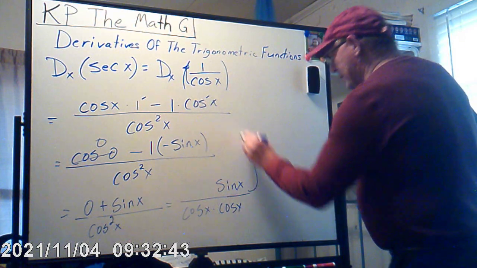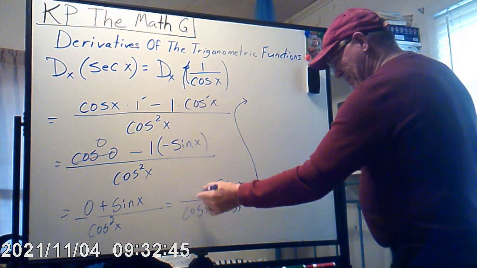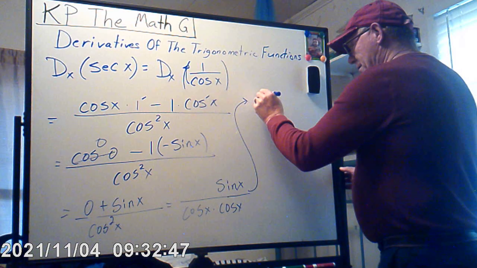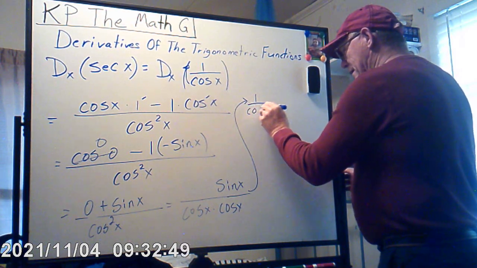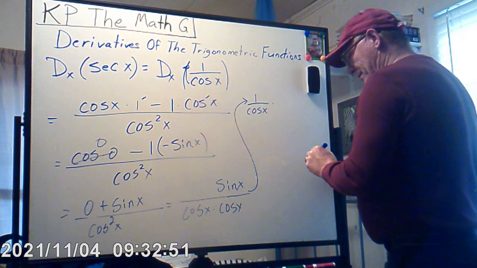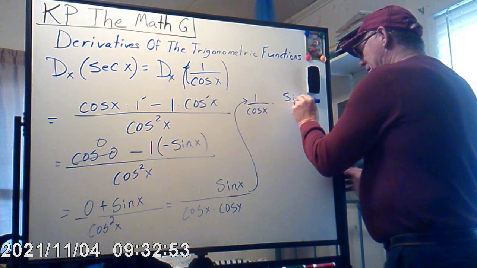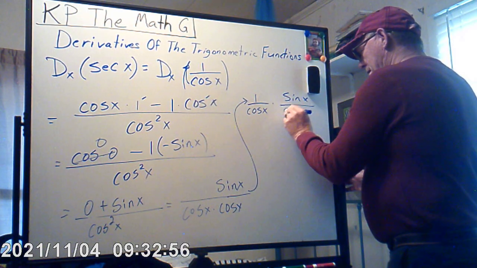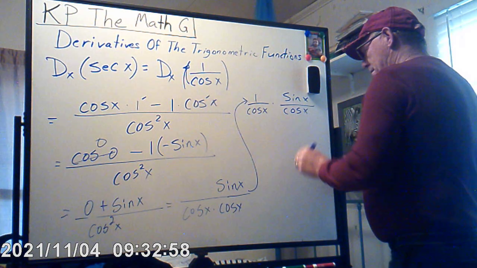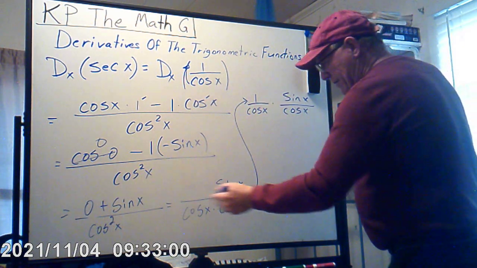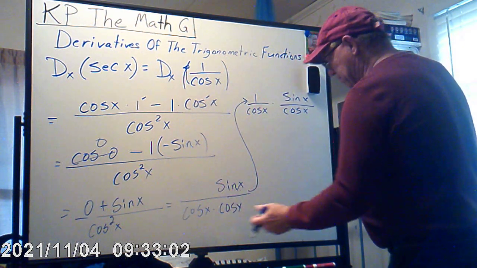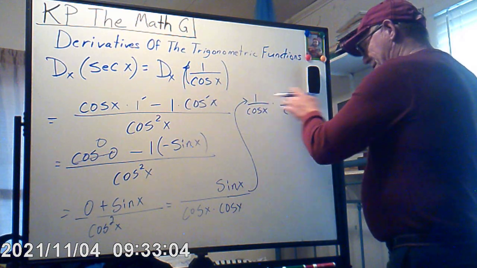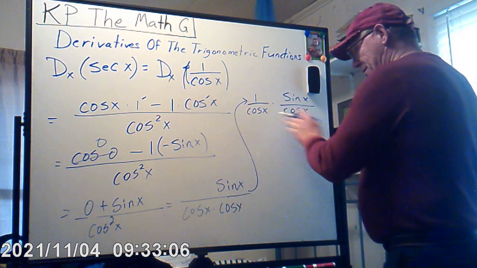Okay, so up here we have 1 over cosine x times sine x over cosine x, and 1 over cosine. Sometimes you just have to do that, right? I mean, 1 over cosine, this is still sine x over cosine squared x, isn't it?